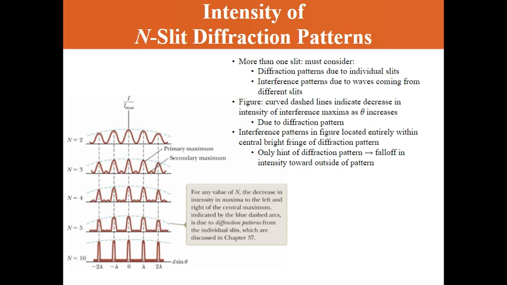These are smaller bright fringes between your regular bright fringes. The bright fringes themselves don't change position as you add more slits. They just get narrower and more sharply defined. So as you keep adding slits, the peaks get sharper and sharper.